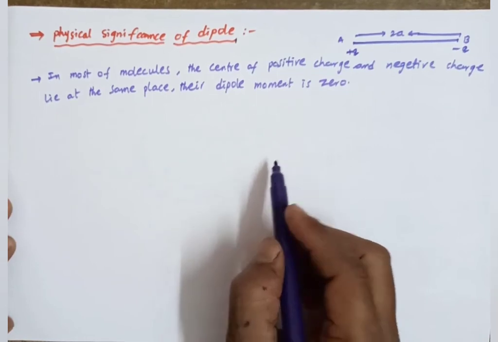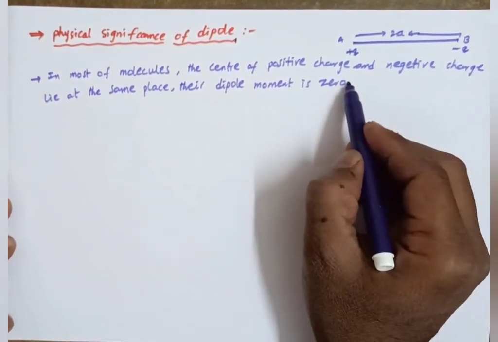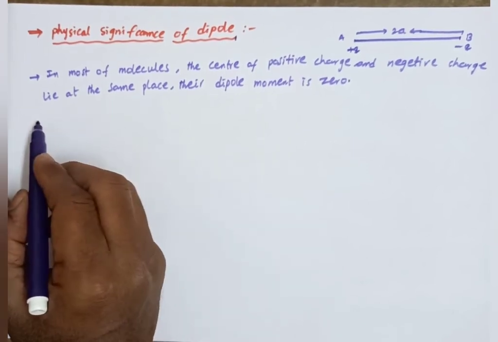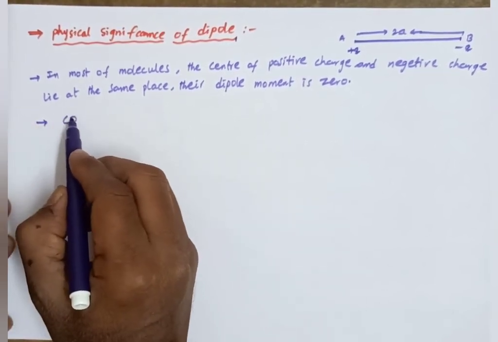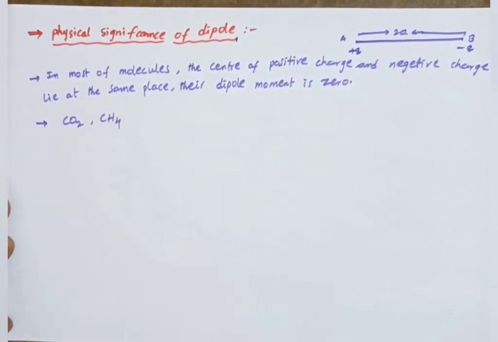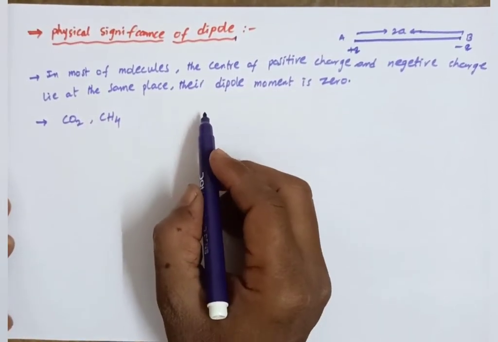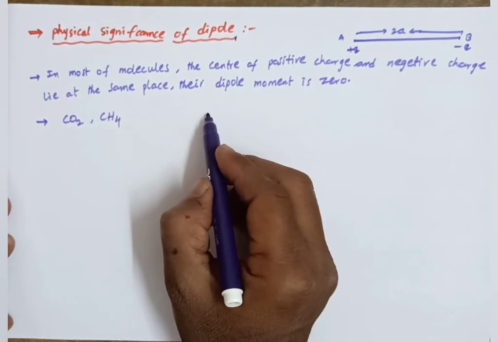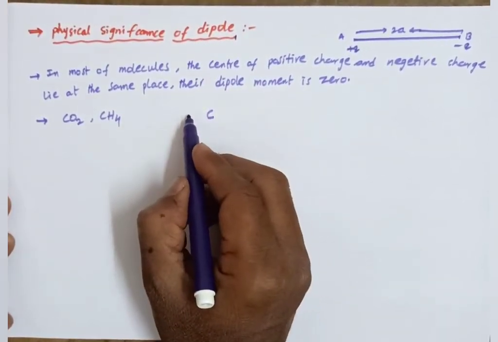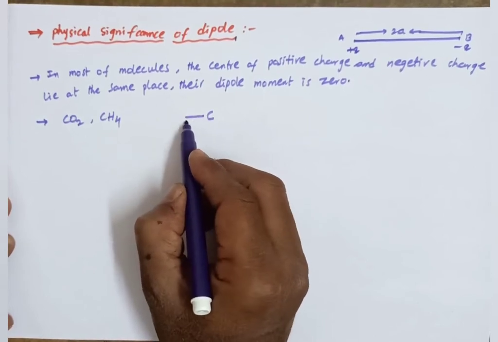So here, for example, we consider carbon dioxide and CH4, methane. In carbon dioxide, the structure is C in the middle with oxygen on either side.